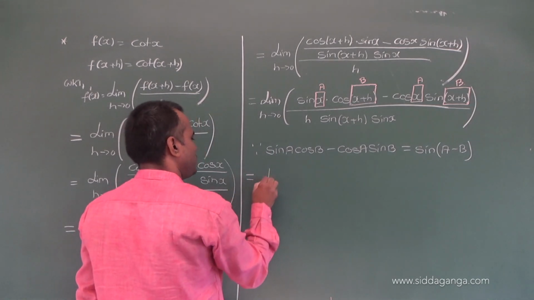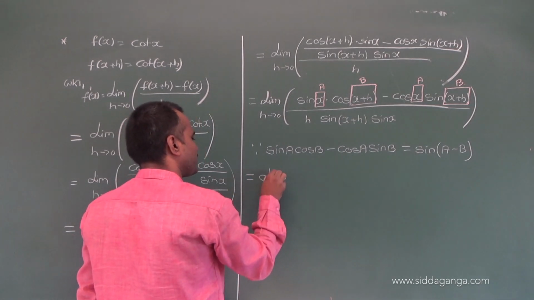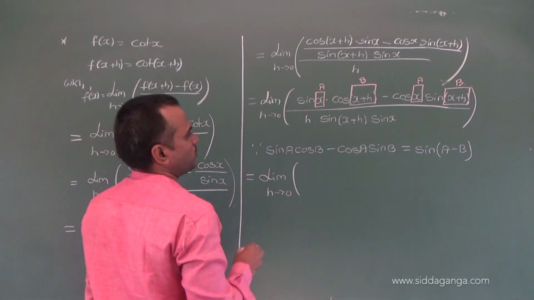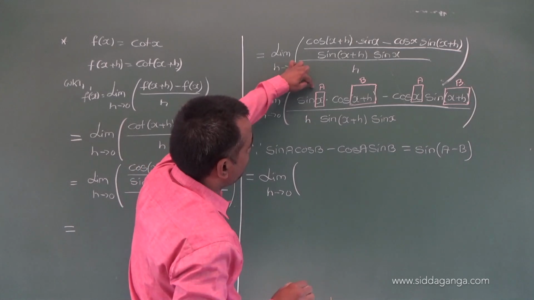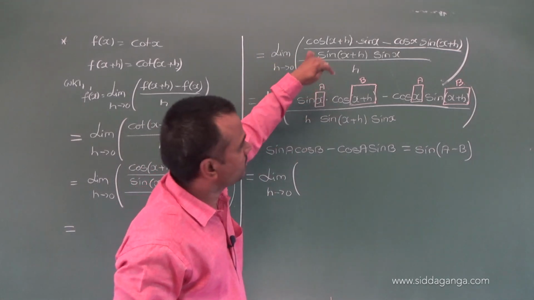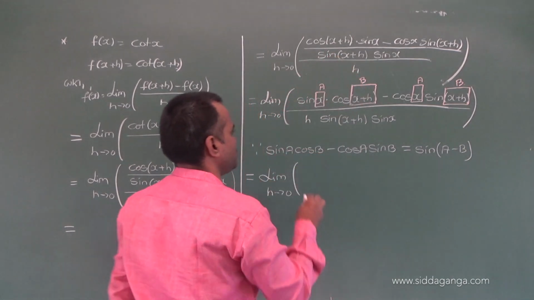That is limit h tends to 0. A is what? x. Observe here. B is what? x plus h.